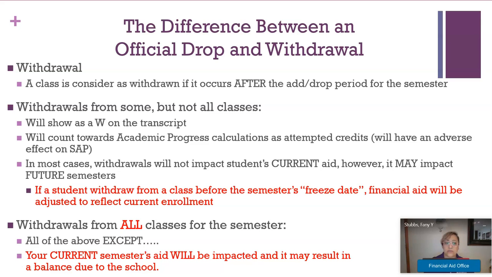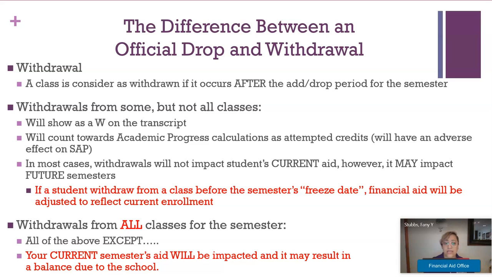In most cases, withdrawals will not impact students' current aid. As I mentioned before, it may impact your future semesters. If a student withdraws from a class before the semester freeze date, financial aid will be adjusted to reflect current enrollment.